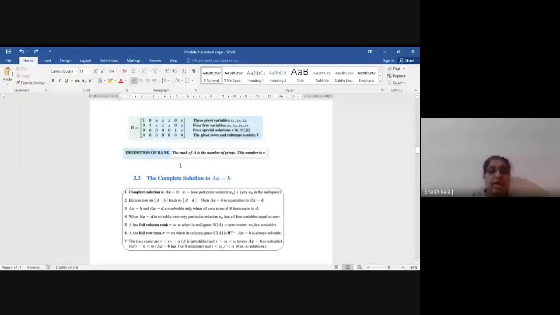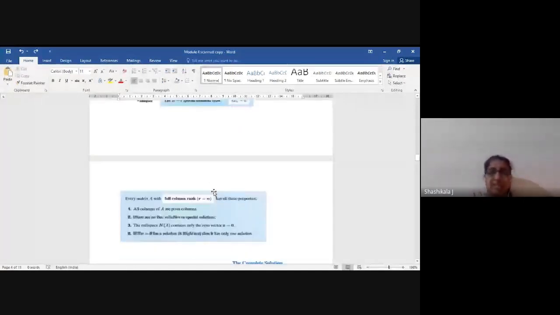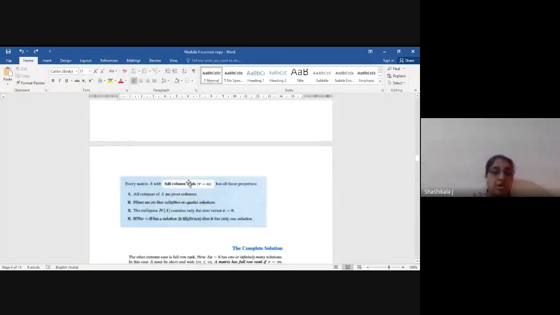The particular solution solves Ax_p = b, and the null space has dimension n minus r, where r is the rank. N minus r means that many free variables, and the special solutions solve Ax = 0. Similarly, they have some properties for the full column rank. No need to remember; when you solve problems, you will identify all this.